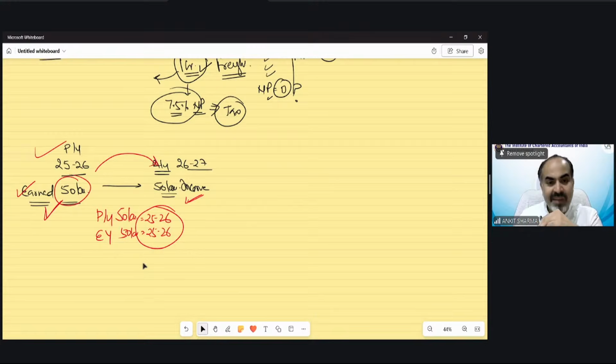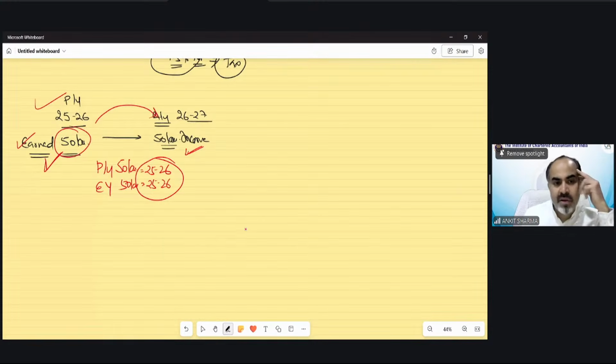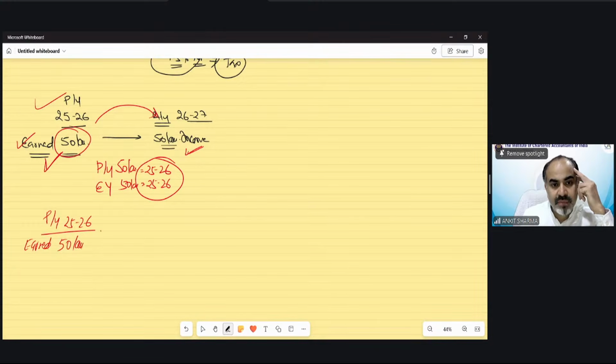But take another example. Suppose in previous year 25-26 you have earned 50 lakh rupees. But in assessment year 26-27, you have only disclosed 30 lakh rupees as your income of previous year 25-26.